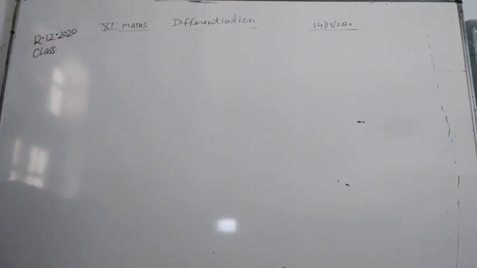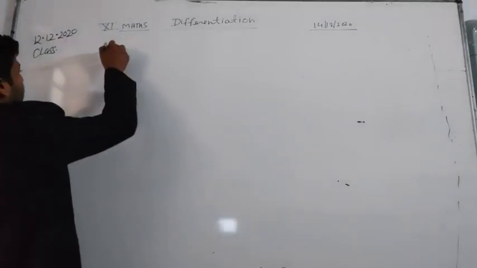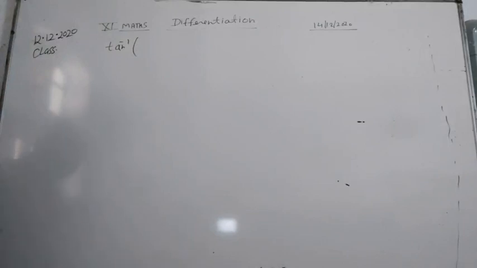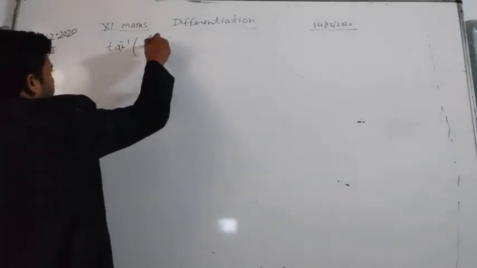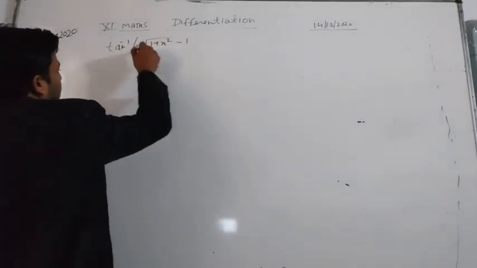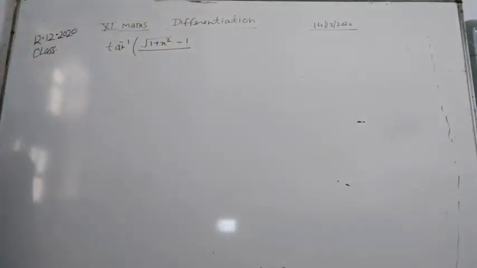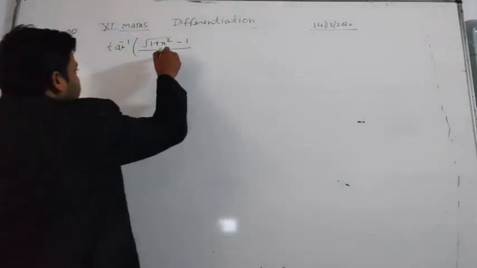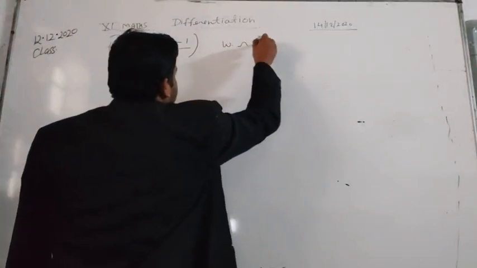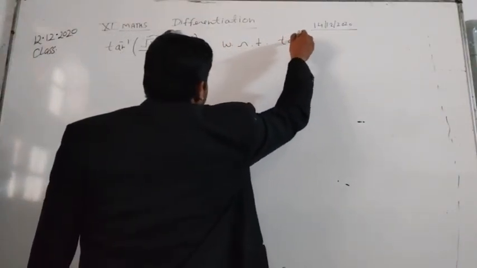Our next question is: differentiate tan inverse of under root 1 plus x square minus 1 by x with respect to tan inverse x.